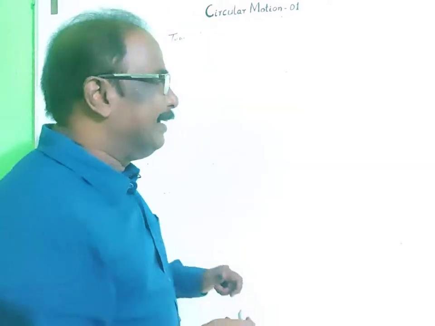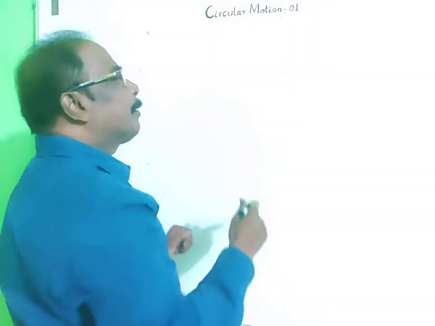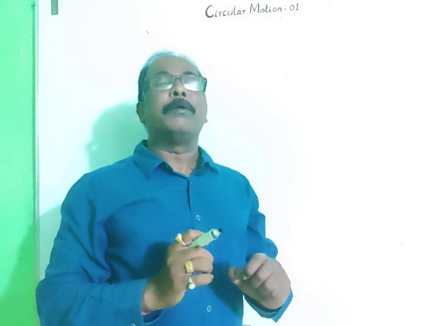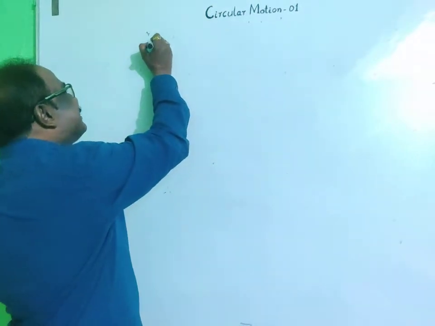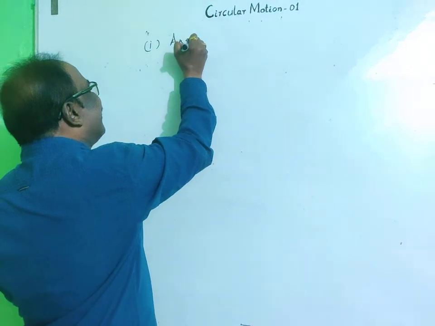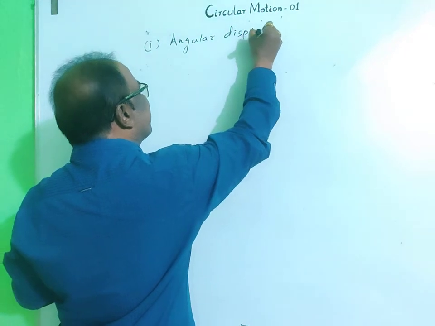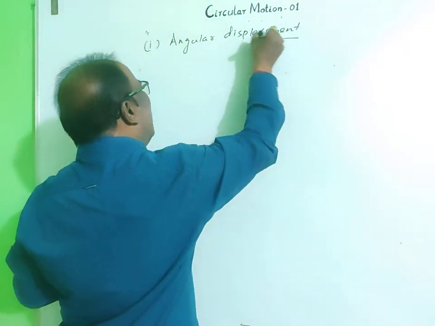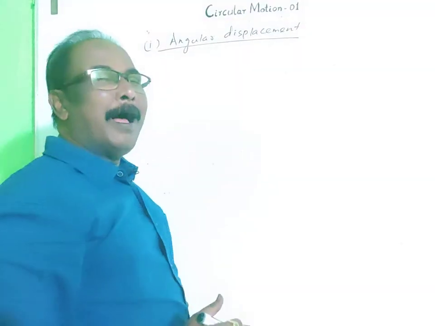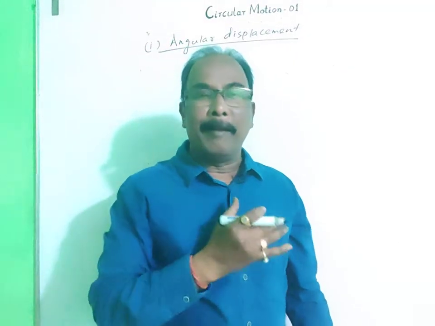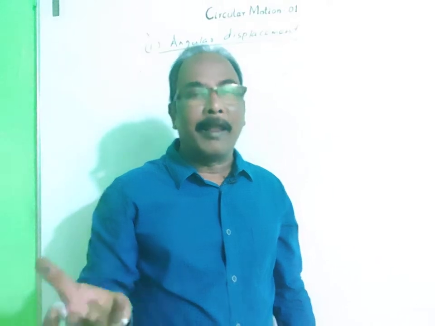Okay, fine. Then in circular motion, if we study circular motion, then we have to learn different terminology. We will learn in this class some terminology. Okay. So first term is angular displacement. See, the term angular comes from angle.